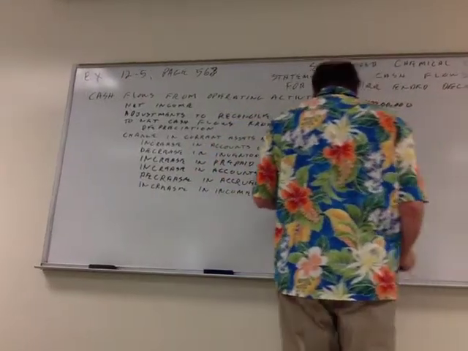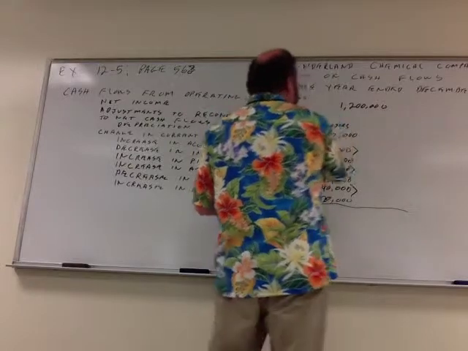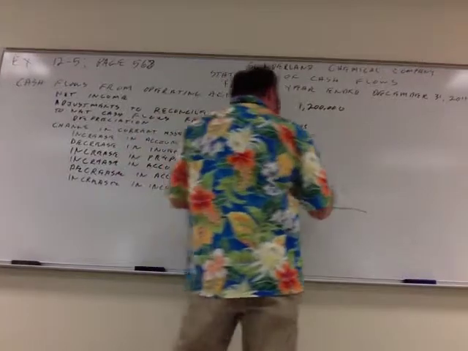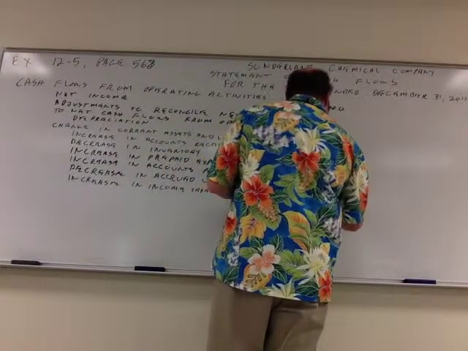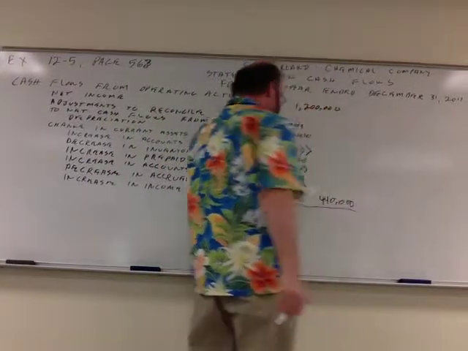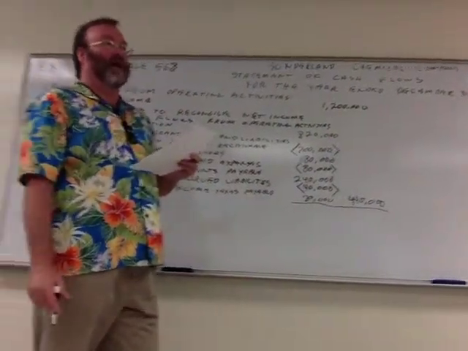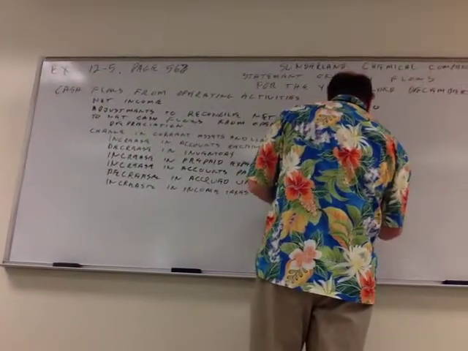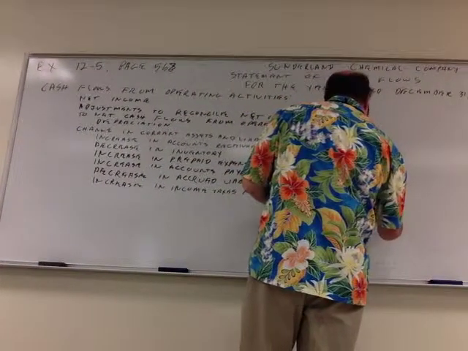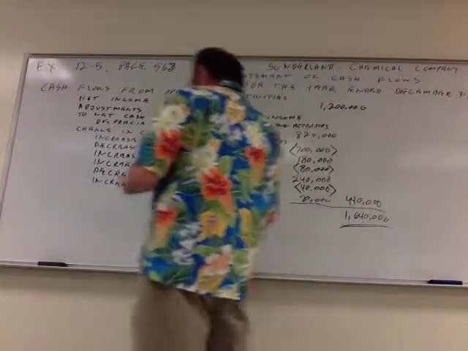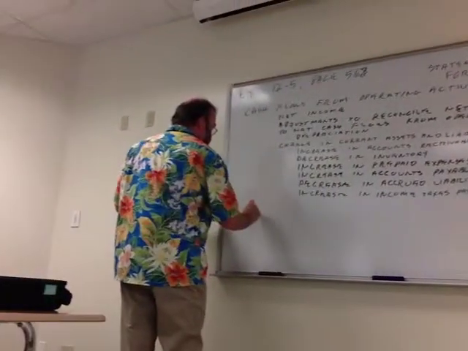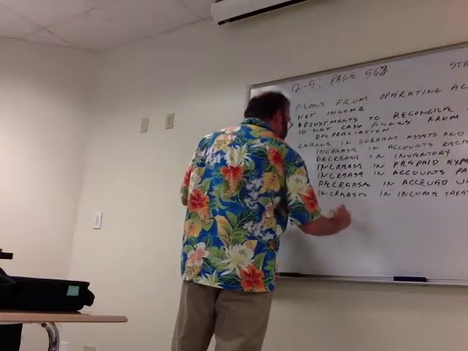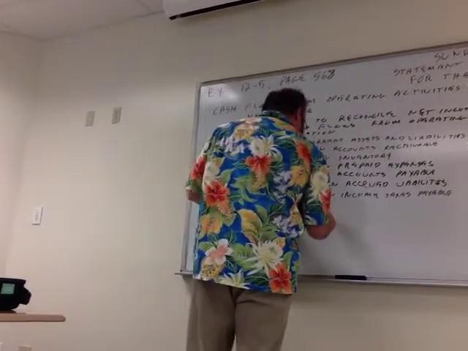Add all that together, the $820 in depreciation plus all these adjustments for current assets and current liabilities, we get a positive $440,000 effect to cash. Add that to net income, we get $1,640,000 as net cash flows from operating activities.